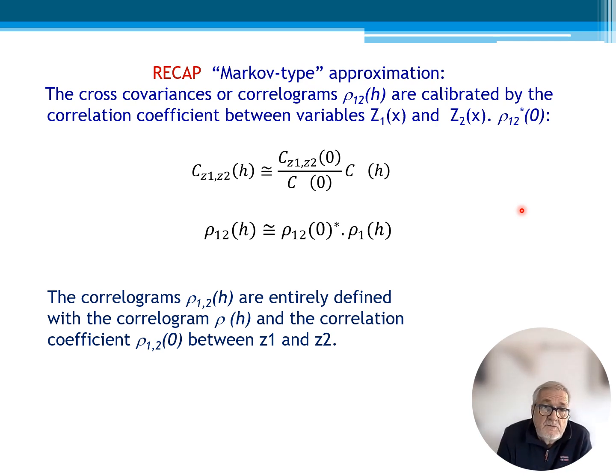So the correlogram between Z1 and Z2 is entirely defined with the correlogram of the marginal variable and the correlation coefficient between those two variables.